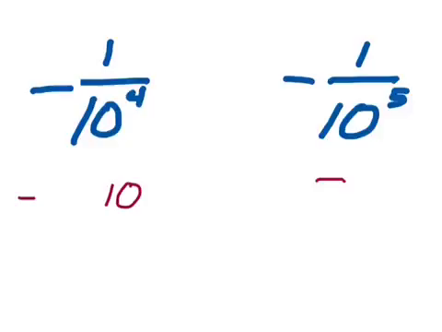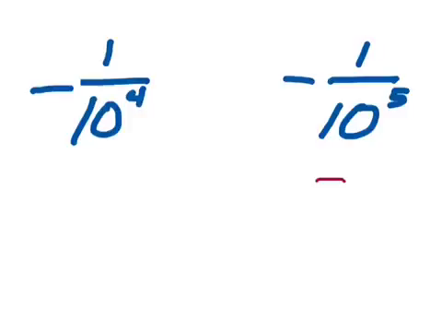Let's put some zeros out here: 10, 1, 2, 3, 4. To be honest with you, I had it straight in my mind when I started, and now I'm thinking that may not be exactly right.